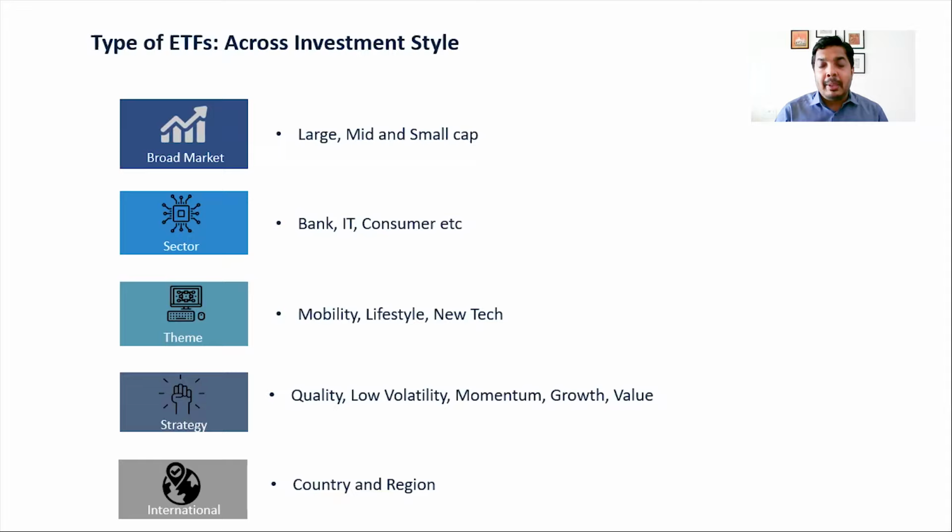And lastly, ETFs can be used to provide a very country specific or region specific exposure. For example, a US market based ETF in India will provide a very low cost, transparent exposure to the US market to Indian investors. Similarly, an emerging market based ETF will provide exposure to all the countries which are emerging economies.